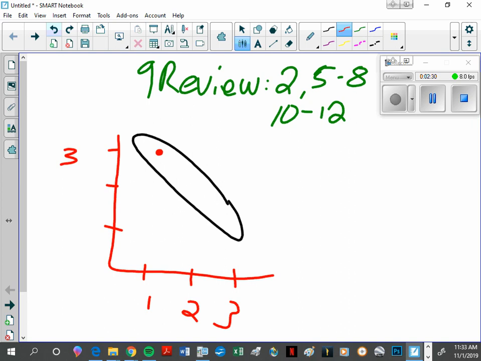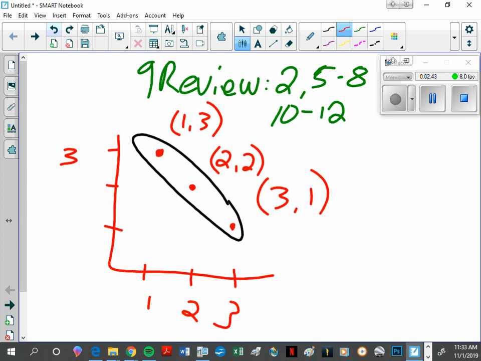So this is the point 1, 3. This would be the point 2, 2. And this would be the point 3, 1. If the y values are usually less than the x values, then the correlation will be negative.